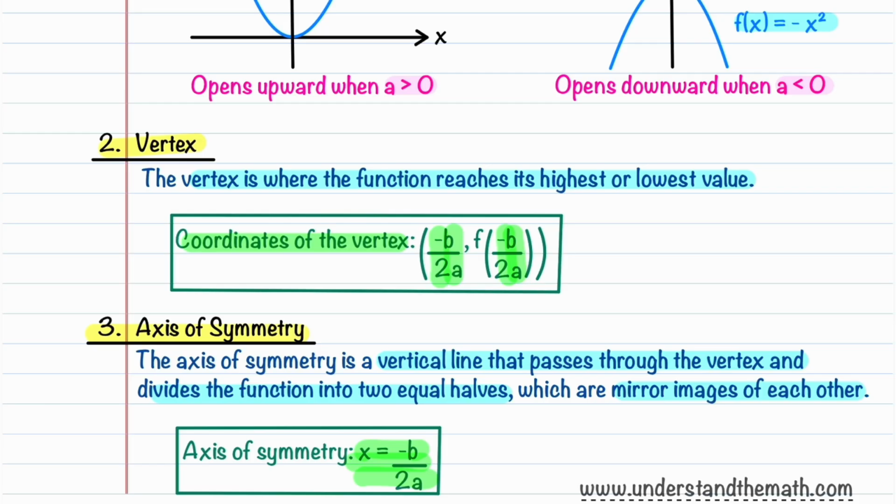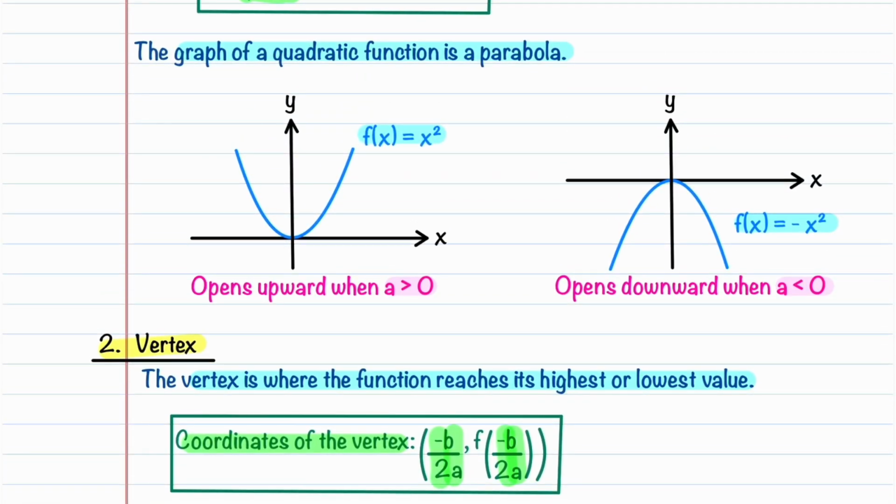Let's now go back up to our picture of our parabolas, and I want to show you what the vertex and the axis of symmetry are. In our first picture on the left, our vertex is here. The parabola opens upward, and the vertex is the lowest point on the parabola. And then we have the axis of symmetry, which is, in this case, the y-axis, and it's just that line that divides the parabola into two pieces.